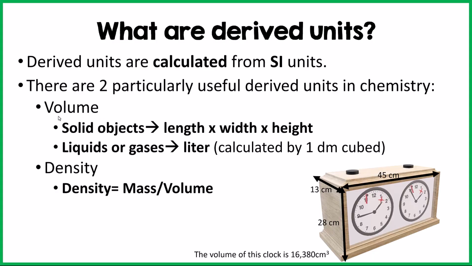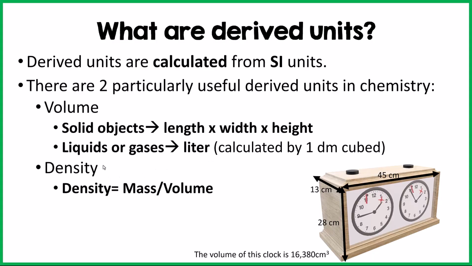Volume. And for the volume of solid objects, we measure length times width times height. And for the volume of liquids or gases, we use a liter, which is calculated by 1 decimeter cubed. So 1 decimeter by 1 decimeter by 1 decimeter of a gas is 1 liter of that gas.